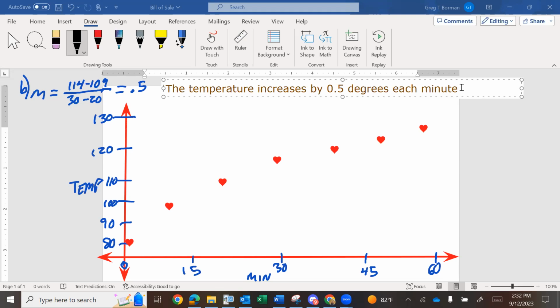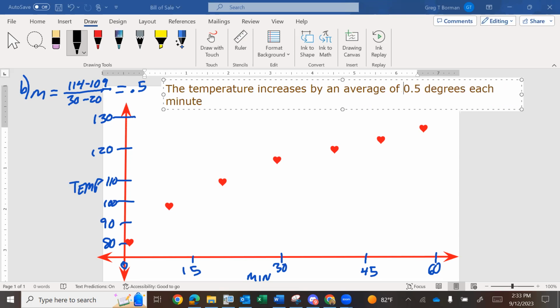And the temperature is not increasing the same amount every minute, even during a single 10-minute interval. So it would be more accurate to say the temperature increases by an average of 0.5 degrees each minute between the 20-minute mark and the 30-minute mark.